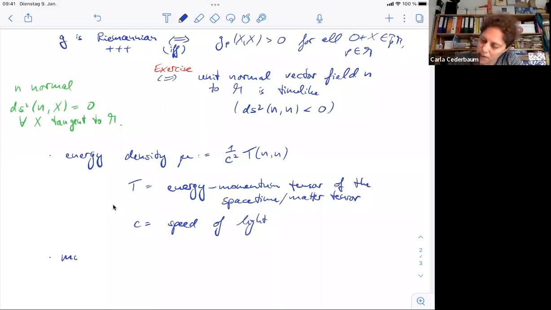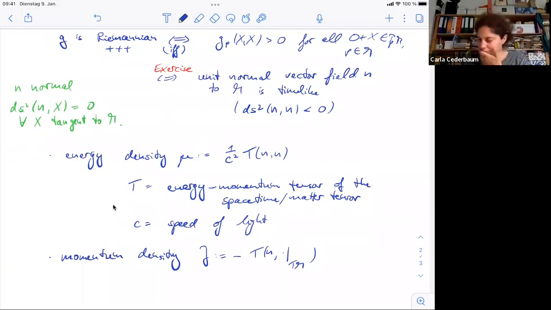And the momentum density J is defined as minus T(N, ·), with a slot which is allowed to eat vectors tangent to the hypersurface. And this is where I start saying beware: the sign here sometimes is there and sometimes is not there, depending on the conventions used in a specific textbook or research paper.